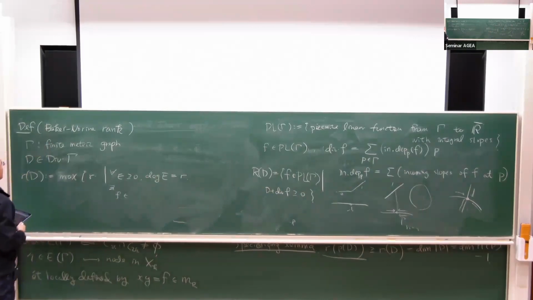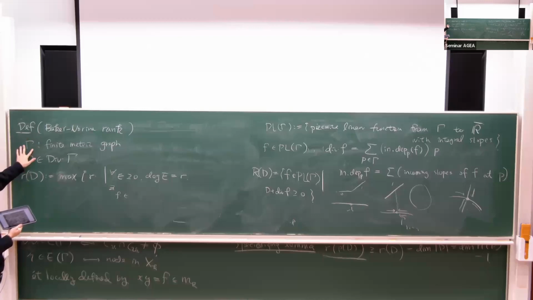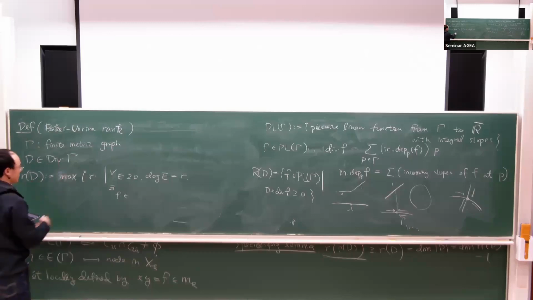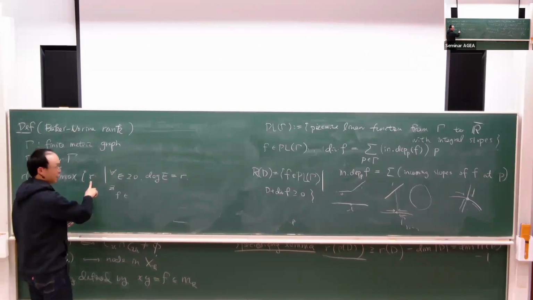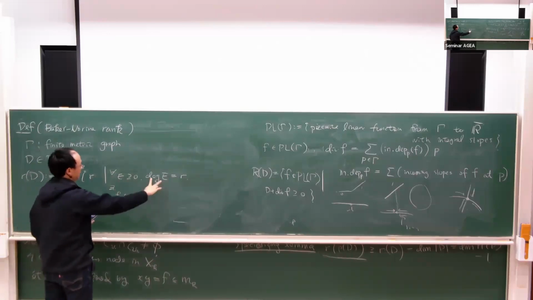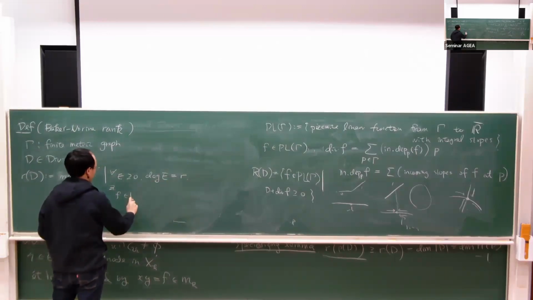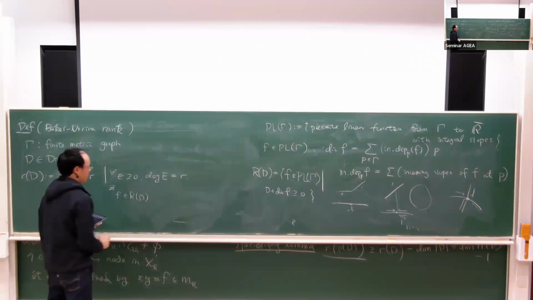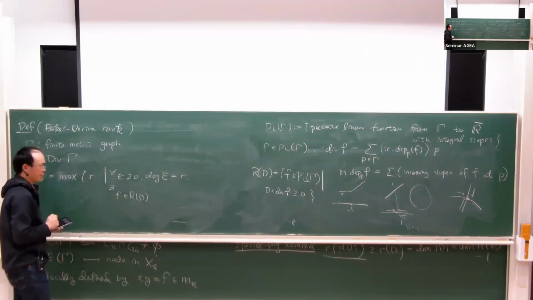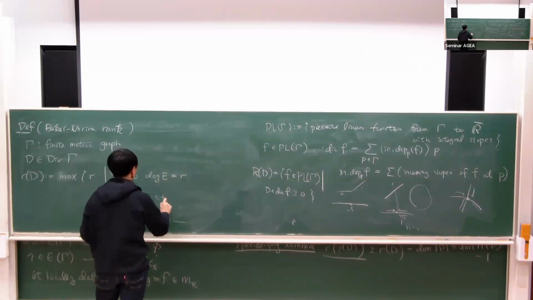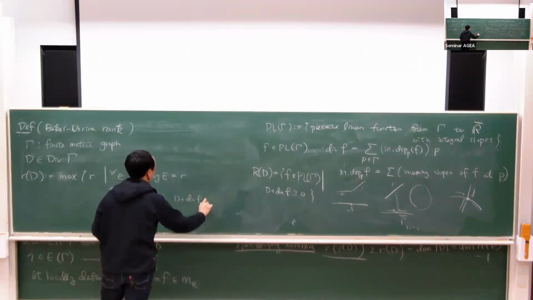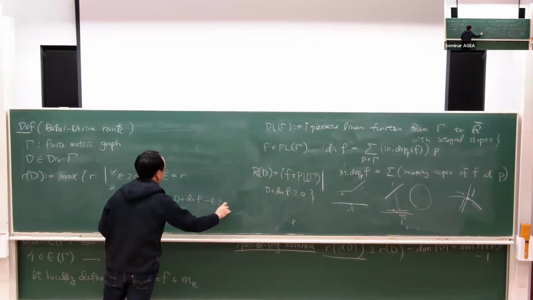So let's go back to the definition of the Baker-Norine rank. Gamma is a finite metric graph, and D is any divisor on this graph. The Baker-Norine rank of this divisor is the largest possible number R such that for every effective divisor E of degree R, we have some piecewise linear function F in the complete linear series of D such that D plus D of F minus E is effective.